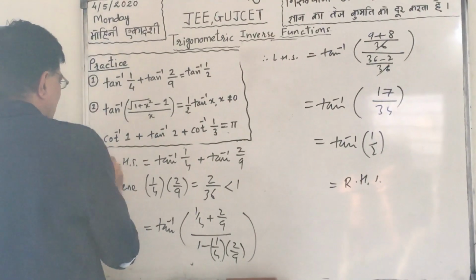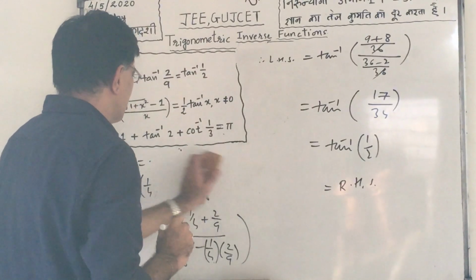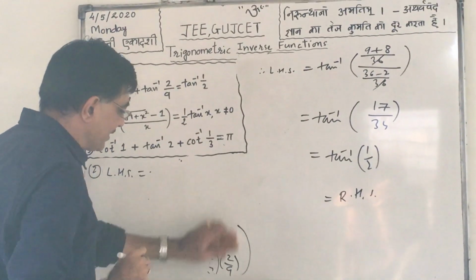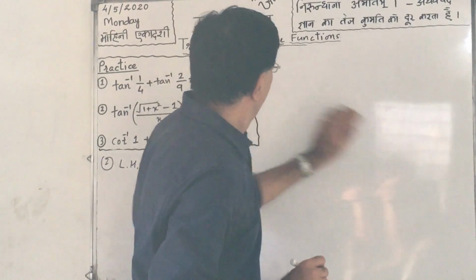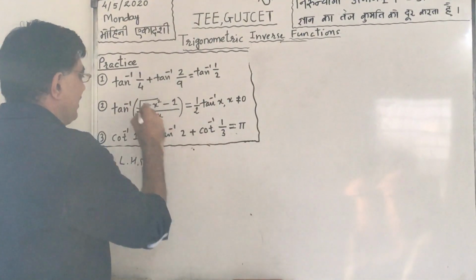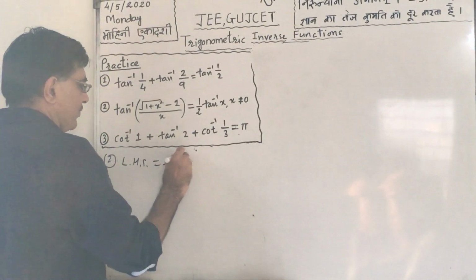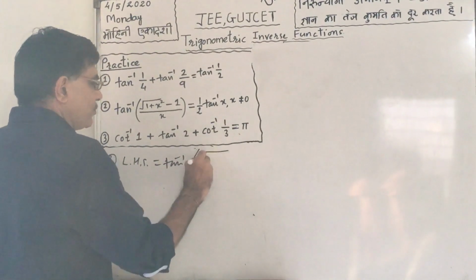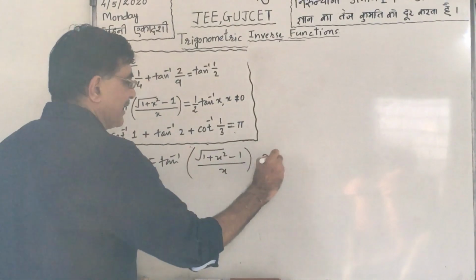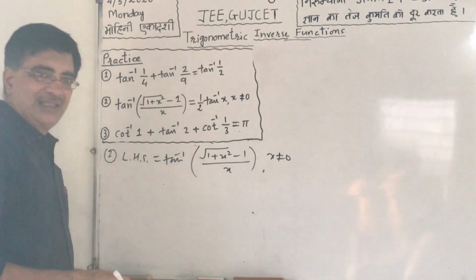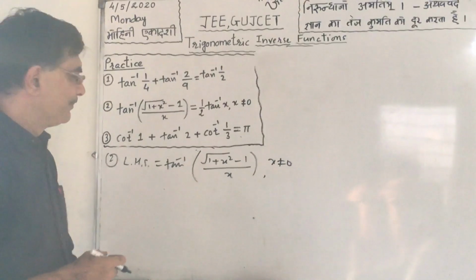It is somewhat difficult, so please focus on how we arrange the range of the inverse function. Here the left hand side is tan inverse of (square root of 1 plus x square, minus 1) upon x. They have given x is not equal to 0, because it is in the denominator.